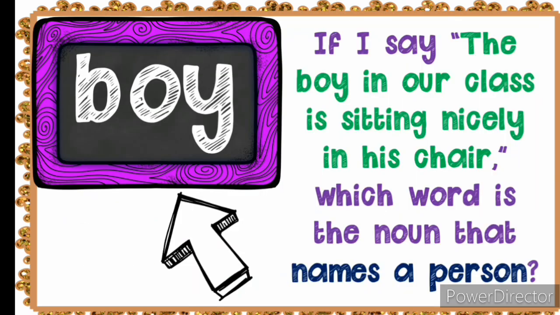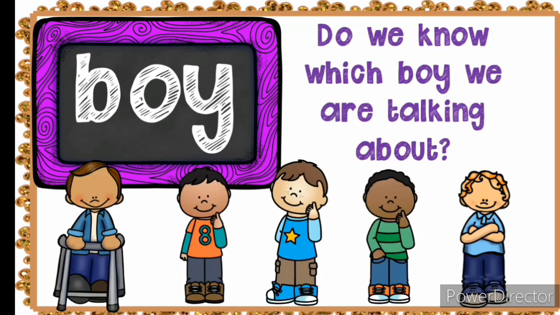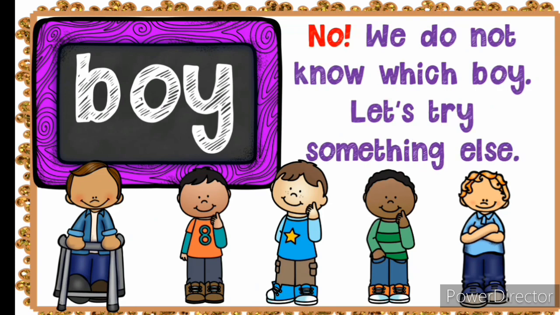If I say the boy in our class is sitting nicely in his chair, which word is the noun that names a person? Let's find out. Now, boy. Do we know which boy we are talking about? No, we do not know which boy.